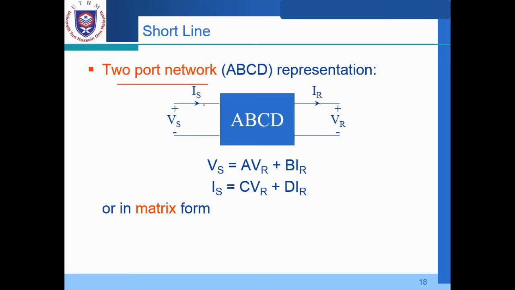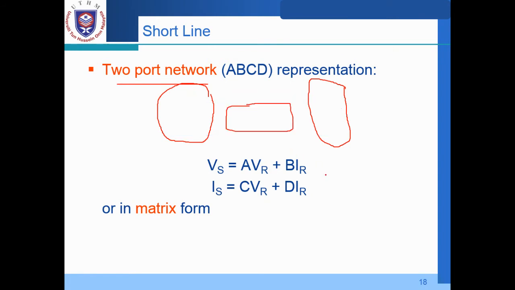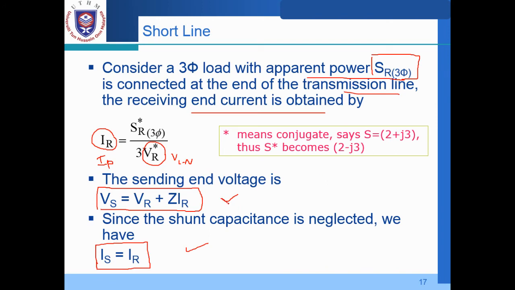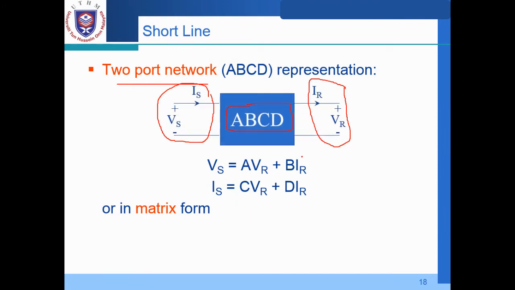So we have the supply or the sending part as well as the receiving part, with I and V respectively. In between, the port consists of A, B, C, D elements, and we can transform all this into here.